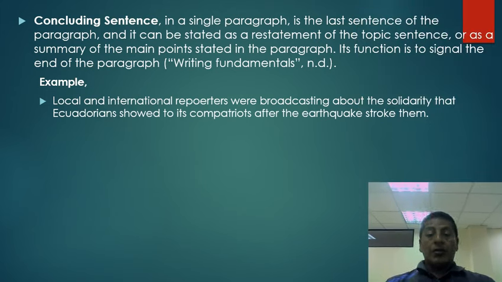So I'm going to read again just to have it clear. In this first type, which is a paraphrasing or restatement of the topic sentence, we are saying that local and international reporters were broadcasting about the solidarity that Ecuadorians showed to their compatriots after the earthquake struck them.